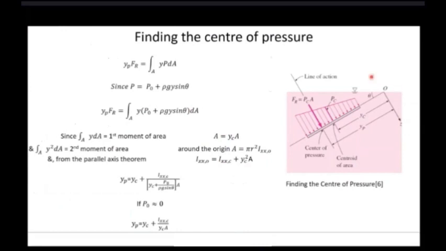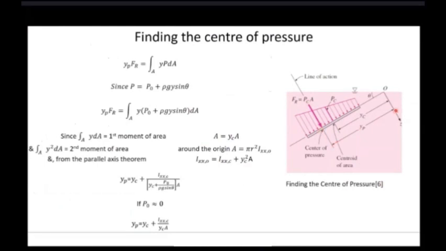So this diagram on the right hand side is representing our total force on our plate, which we've calculated as the pressure at the centroid times by the area of that plate. And we're now assuming that that total force acts at this location here, which is called the center of pressure.